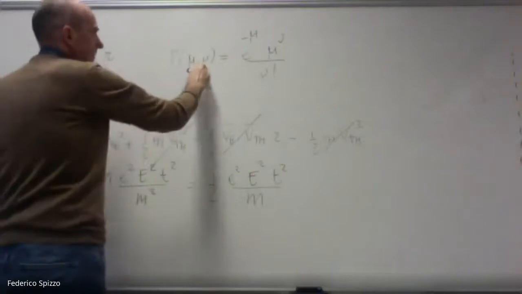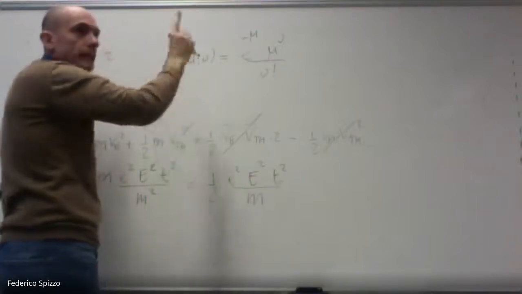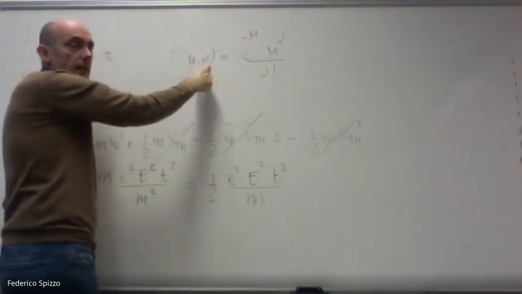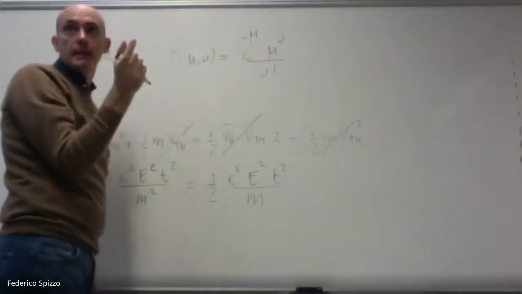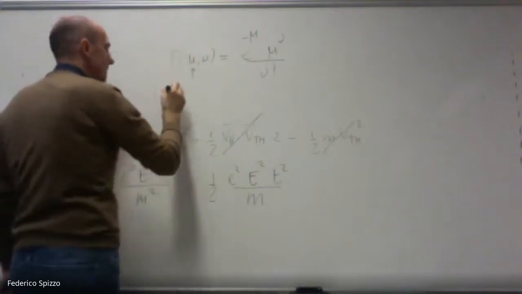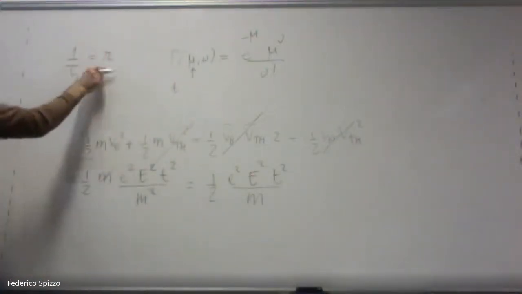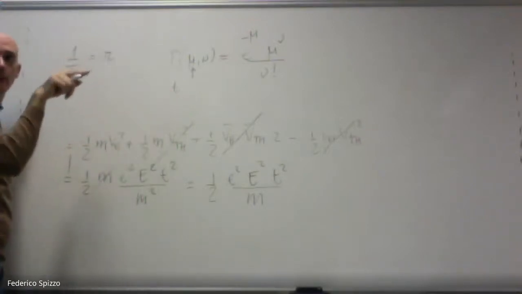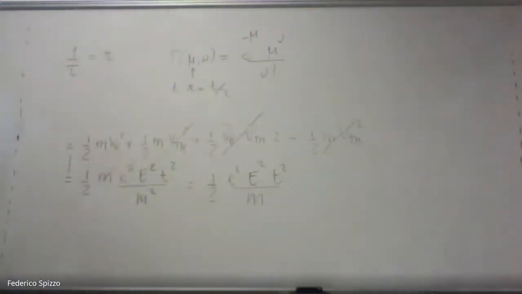If Ni is the number of events, and you want to evaluate the probability to observe a number of events equal to Ni, and you know the number of events in a fixed amount of time, this can be evaluated by multiplying the time t by the rate. So if this is the rate and we have a time equal to t, the number of events we expect to observe in that amount of time is t times the rate, or t divided by the relaxation time.